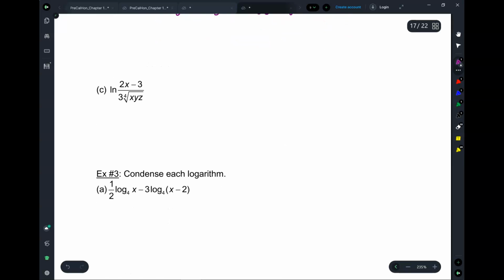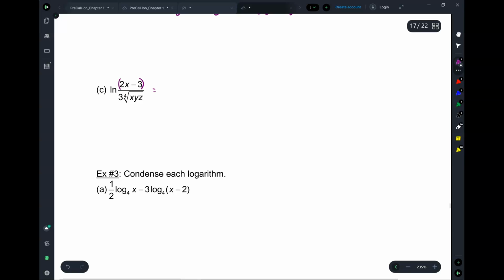Next one. Here, this is a trick one. So I have ln of 2x minus 3. Because this is something plus or minus something else, this is considered as one single element. The 2x minus 3, it's one entity. So take a look at what's going to happen here.